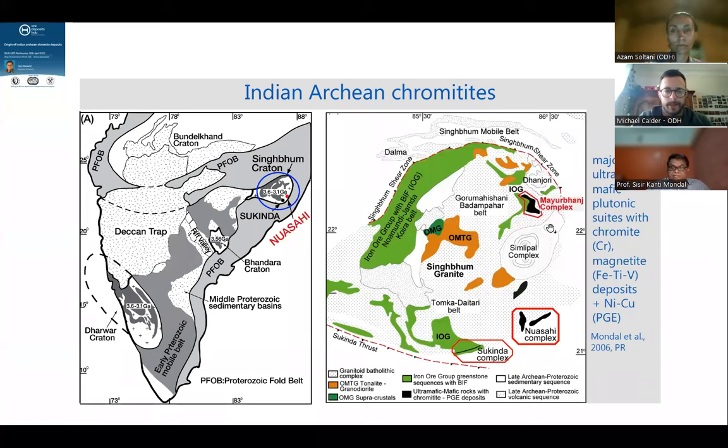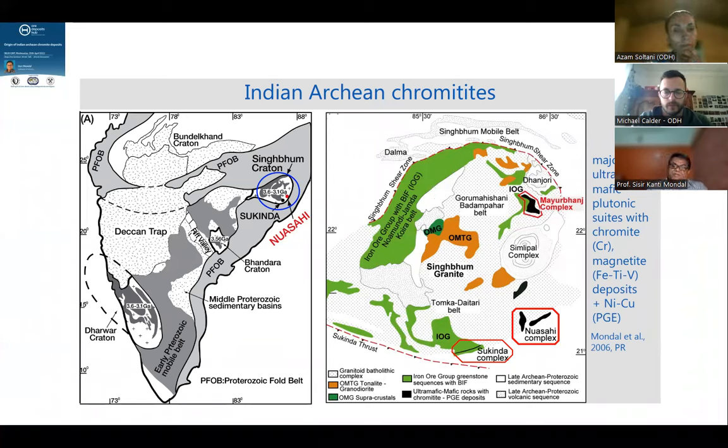And this is the geological map of the Singhbhum Craton, where these are the granitic basement rocks, and these rocks are mostly Eoarchean to Mesoarchean in age, and these are surrounded by Eoarchean to Mesoarchean greenstone belts, where we have intercalated metavolcanics and metasediments.